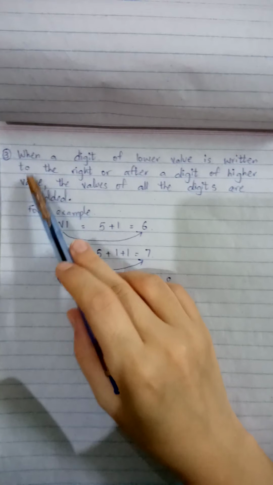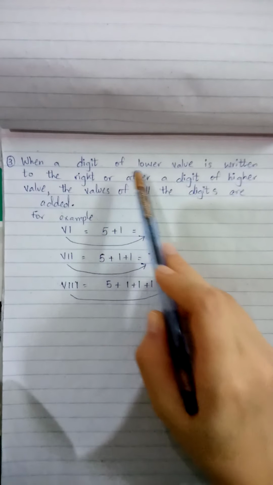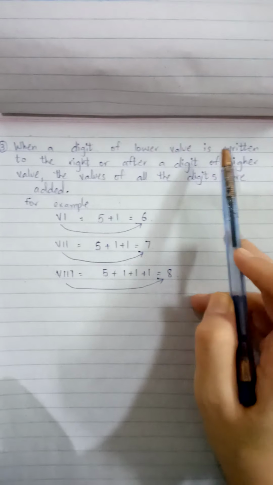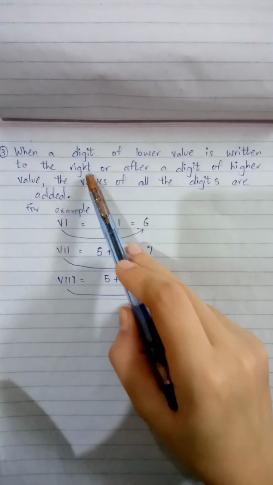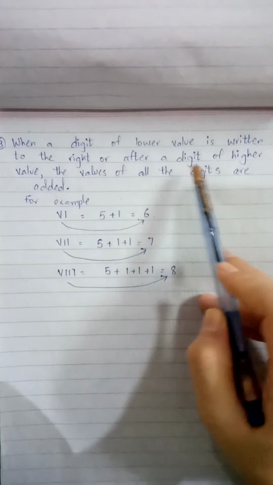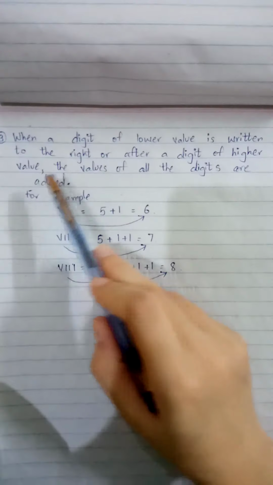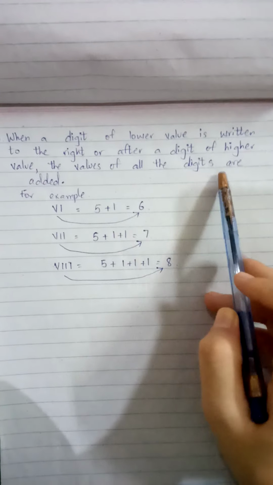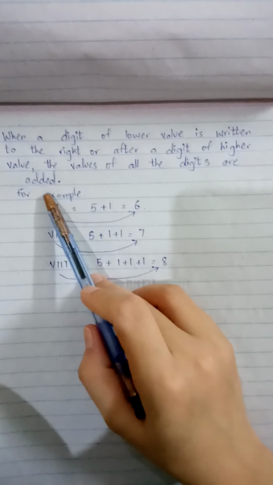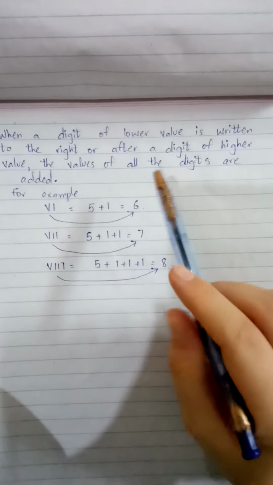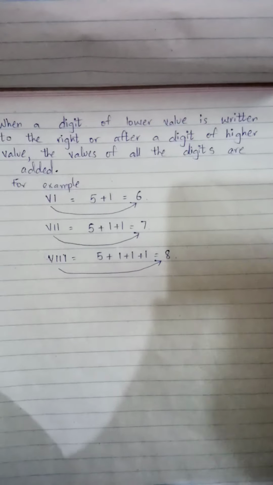See, when a digit of lower value is written to the right or after a digit of higher value, the values of all the digits are added. This rule number 3 is opposite to rule number 2.